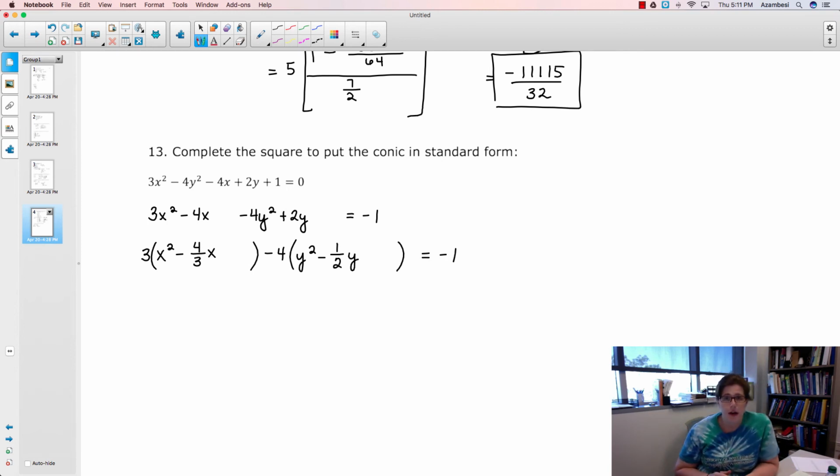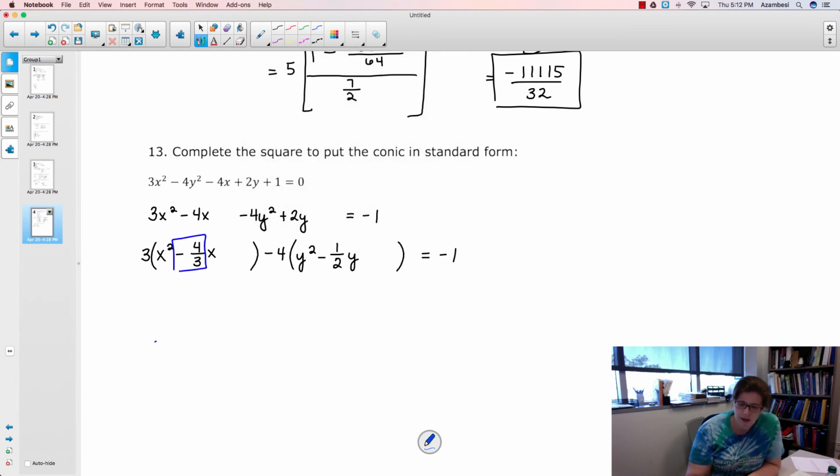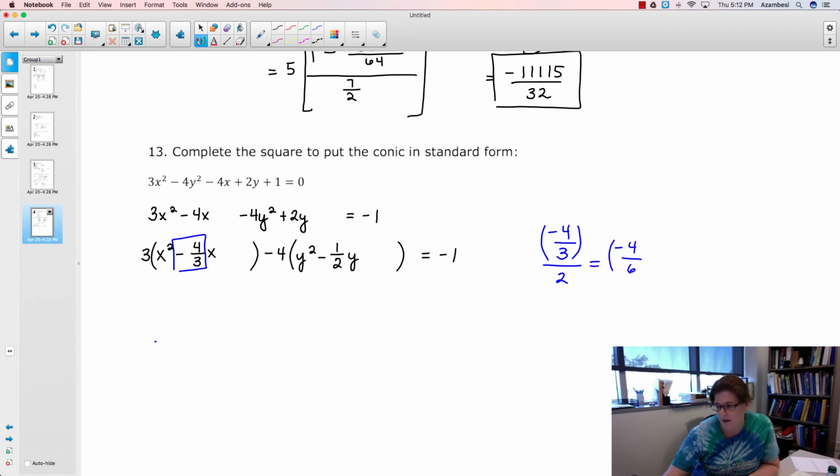Now I need to figure out what's going to be in my parentheses here so I know what to add. So I'm taking the term out in the center, and it's negative 4/3 here. So negative 4/3, and I'm dividing that by 2. So far I have negative 4/6, and I'm going to square it.